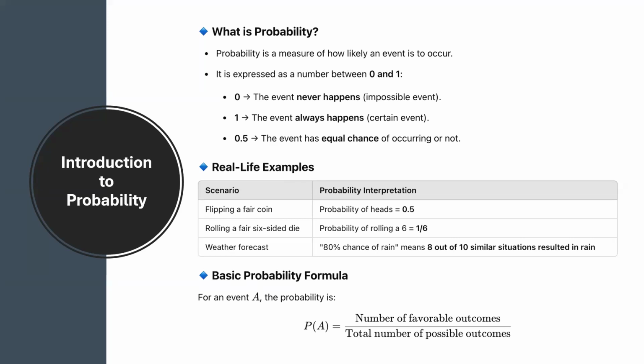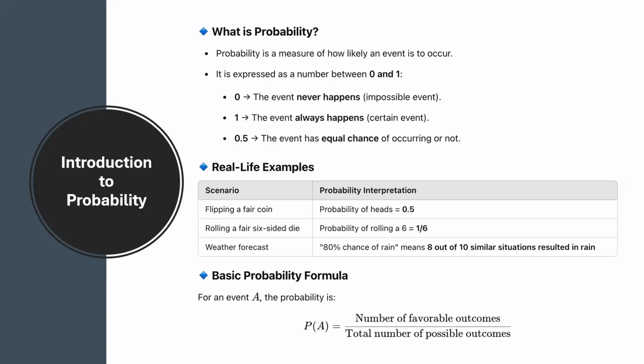What does it mean? Considering the weather scenario, 8 out of 10 similar situations resulted in rain. So you are fairly certain, because it happens 8 out of 10 times. So the probability of rain on that day is 80%, because the weather conditions are among the favorable outcomes.